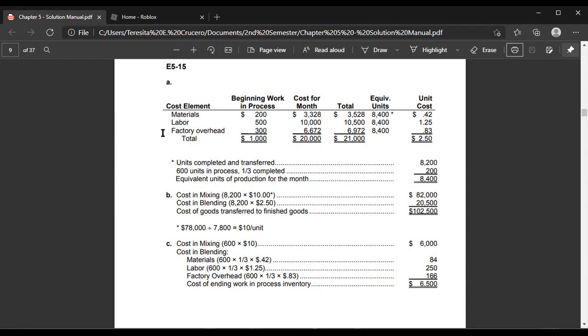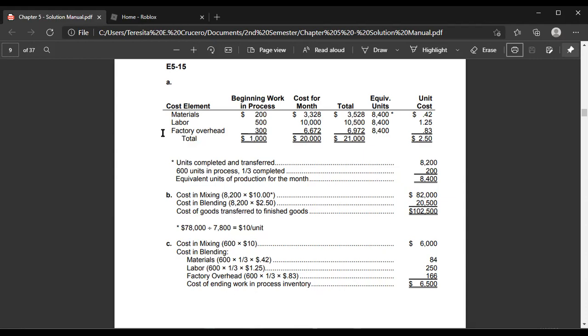And the cost during the month is the cost of goods received from mixing. So we have now 78,000, the cost received from mixing in relation to 7,800 units that the mixing department transferred to blending. So meaning the average cost per unit is 10.